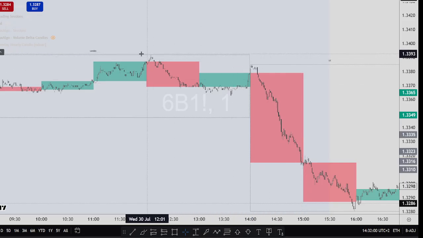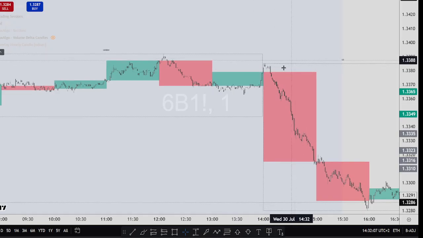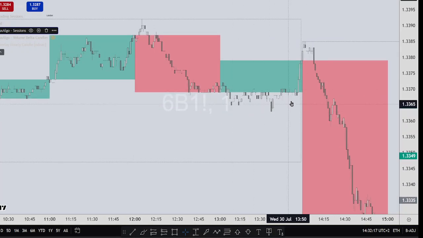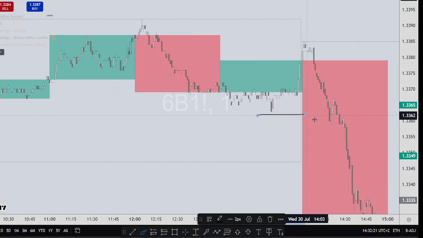If this is the high of London, I need to at least reach this level to go short here. I at least have a reason to, with the hourly on, because this was the low, this was the open, and in reality, if we check the fluctuation, this is very shallow. So we would need a close beyond this level here, or if I just look at these colors and go totally crazy, we would need a close beyond this thing, right?